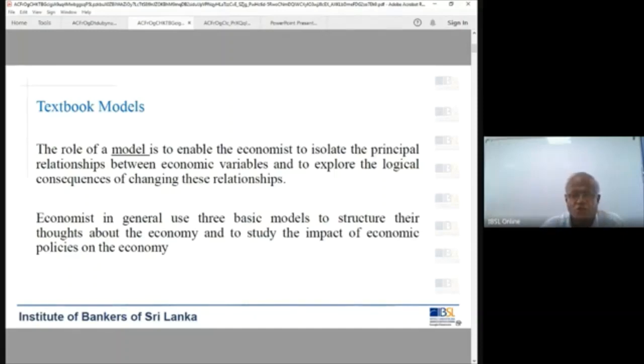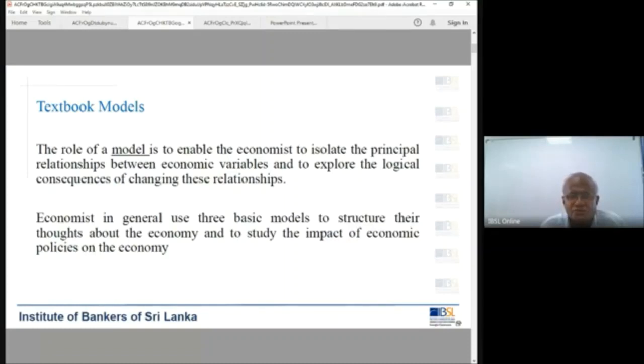If there are certain shocks, demand side shocks or supply side shocks, you can explain the behavior of the economy. If demand increases, market price increases, output increases. If supply increases, market price decreases, output increases. Like that, the consequences of changing these relationships.